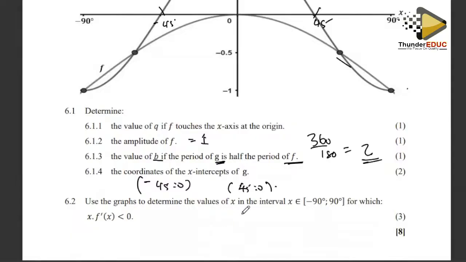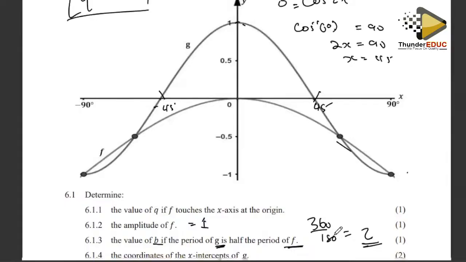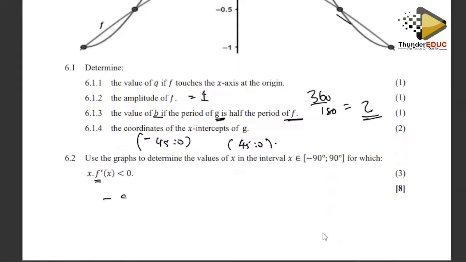Then use the graphs to determine the values of x in this interval for which x times the gradient of f is to be negative. When you look at the negative side, I think it satisfies all the values. Meaning that -90 is less than or equal to x less than 0, or we can have 0 less than x less than or equal to 90.